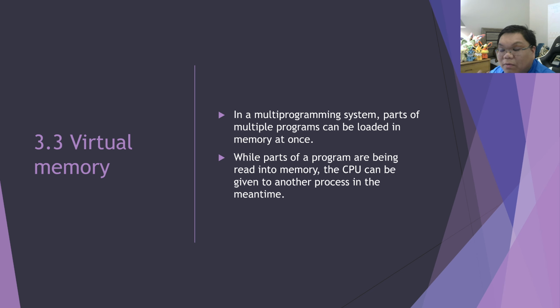This is how the operating system makes sure that there's always work being done on the system. If parts of a program are missing, we remove that process from the CPU and wait for it to load. In the meantime, we run some other program until that one also page faults.